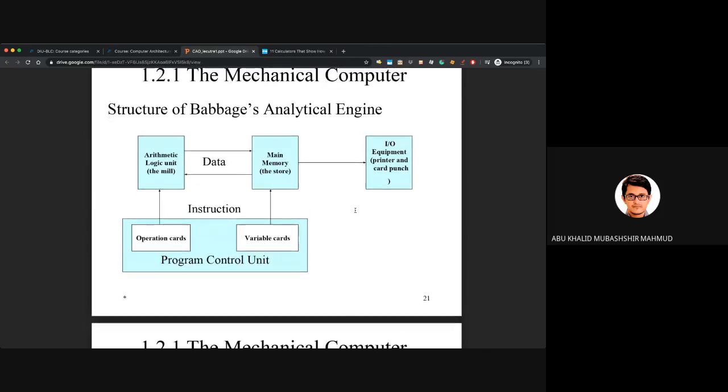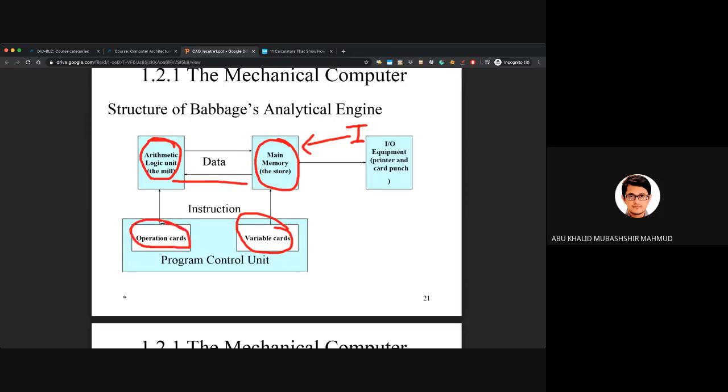The process here is when we start to give input, it goes to the main memory and the variable cards, and data exchange occurs between main memory and the arithmetic logic unit using the operation cards.